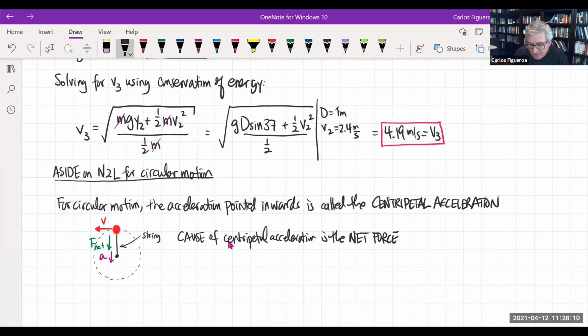And the sad thing is that this word centripetal has been misused for many, many years. And it will continue to be misused. It's the net force that's causing that ball to move in a circle. A fancy name for the net force when you have circular motion is the centripetal force.